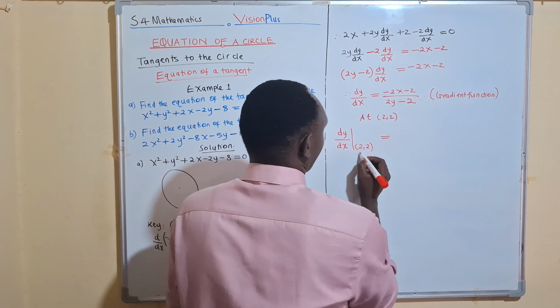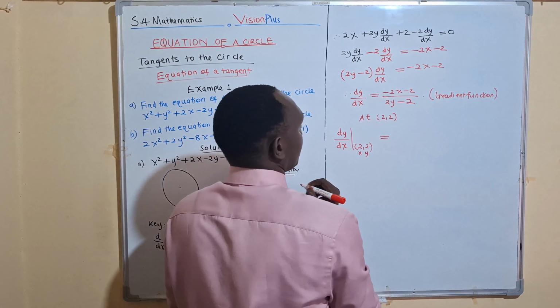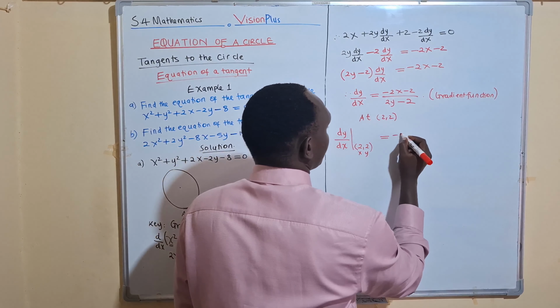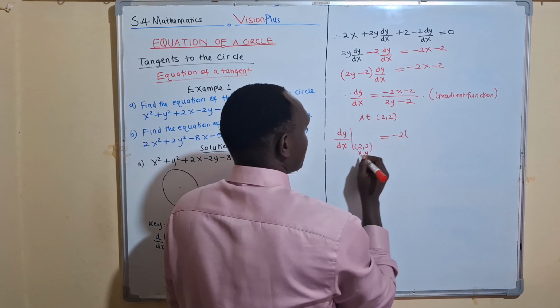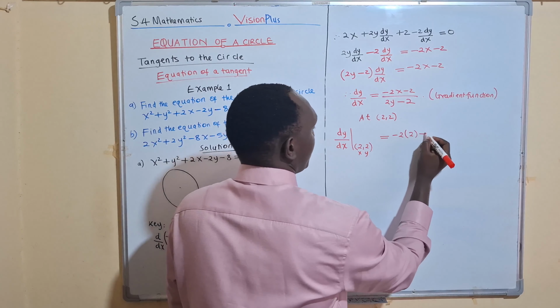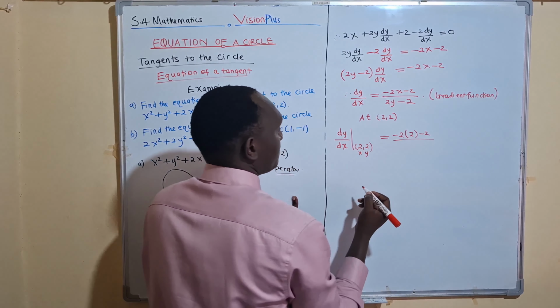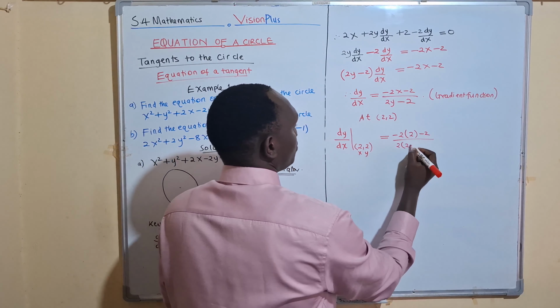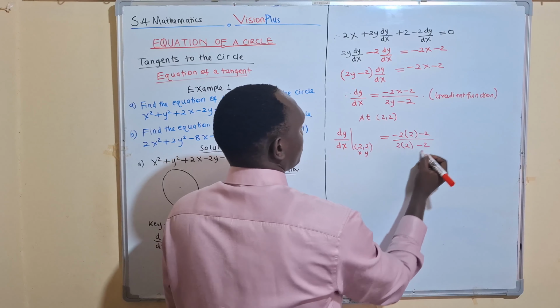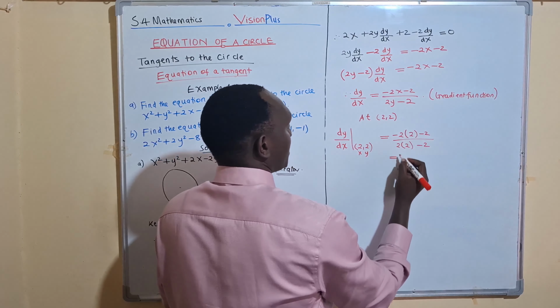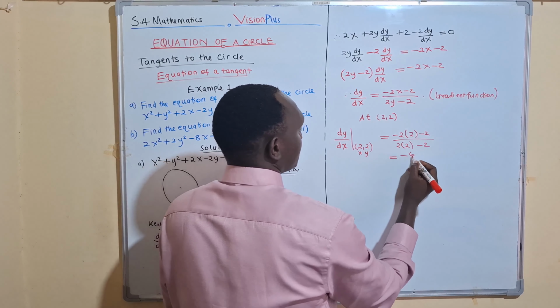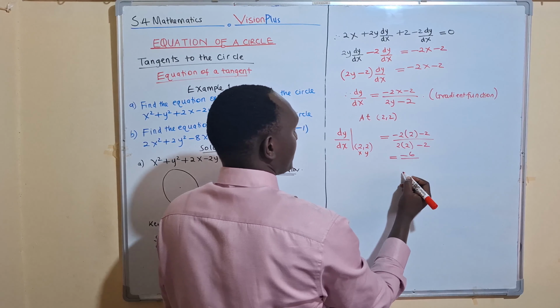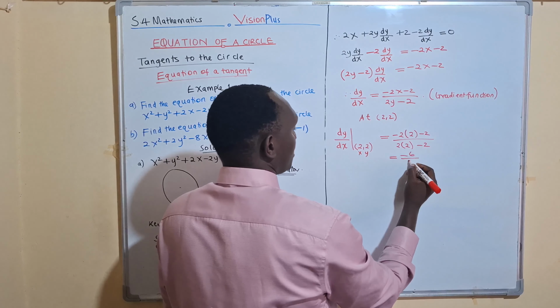So let's substitute. We know that this is the value of x, this is y. So we shall have negative 2x minus 2 over 2y minus 2. What is x? x is 2. What is y? y is also 2. That means here we shall have negative 6 out of 4 minus 2 out of 2.